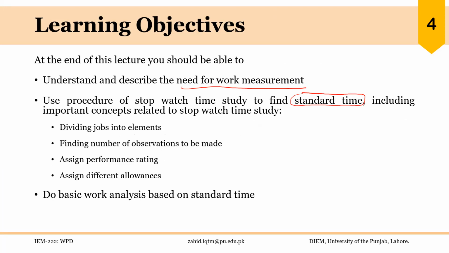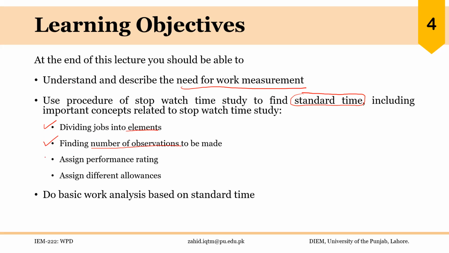You should also be able to understand some important concepts related to stopwatch time study. That is to divide the job into different elements for the sake of time study or work measurement. You should be able to find the number of observations to be made in order to be confident that the standard time found is acceptable.